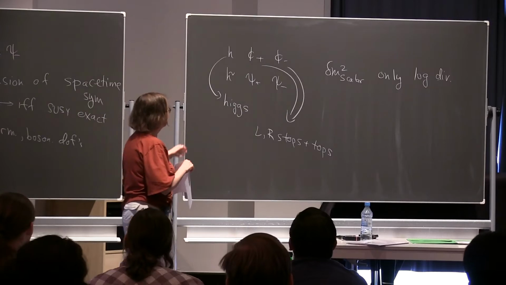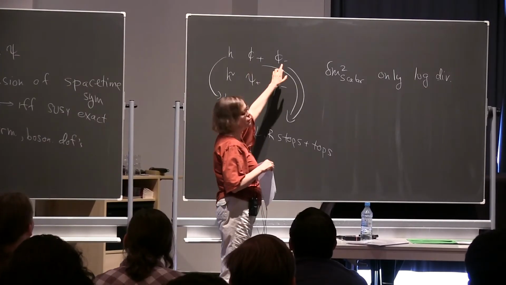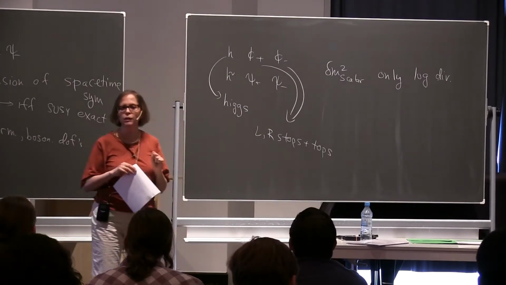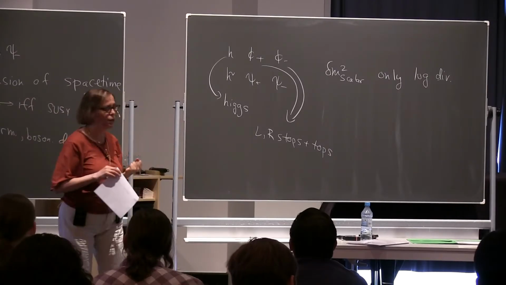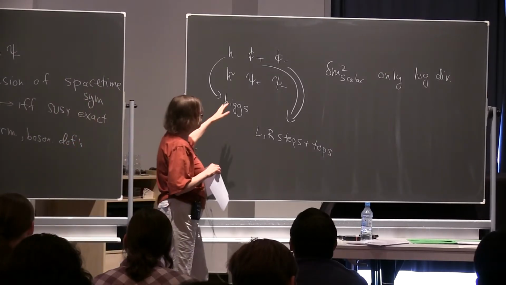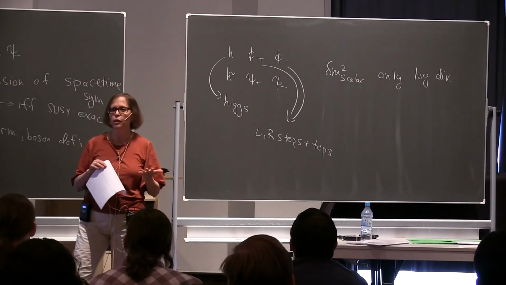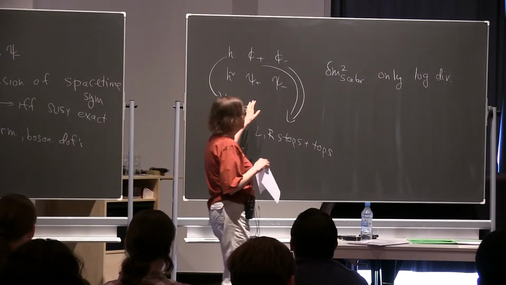You can think of this guy as a field of charge plus, this guy is a field of charge minus, and all the interactions that we wrote down respect that symmetry. So in principle, we could gauge that symmetry, and we get something very similar to the standard model, and gives us a cancellation between the tops and the stops, and no quadratic divergence in the Higgs mass.